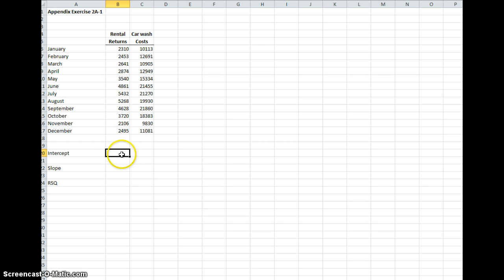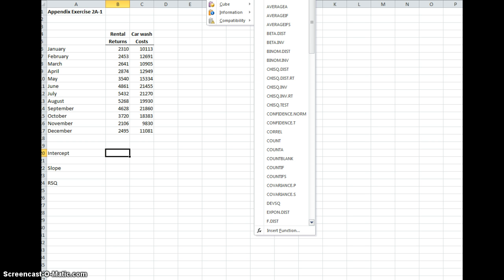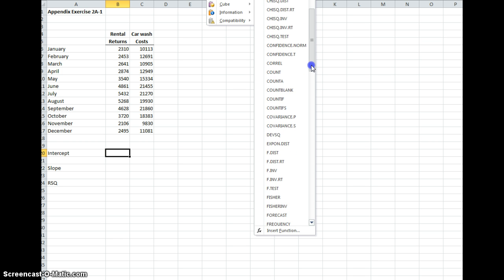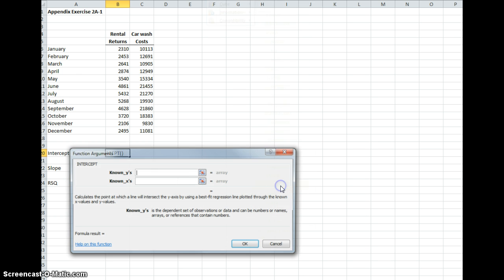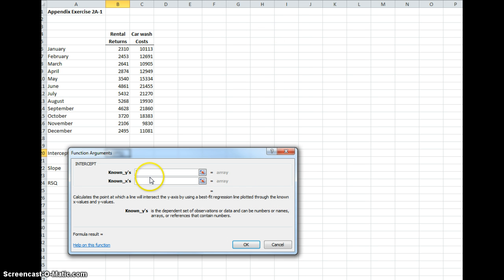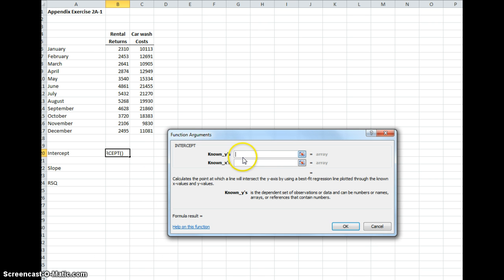Alright, walking through this problem, if you recall last week we discussed how to do this, that we put the cursor in the intercept box. We go up in Excel to More Functions, we select Statistical, and we scroll down to Intercept. Intercept is the A in the y equals a plus bx equation, and that A represents the total fixed cost. Now what we need to do is insert the known y's.